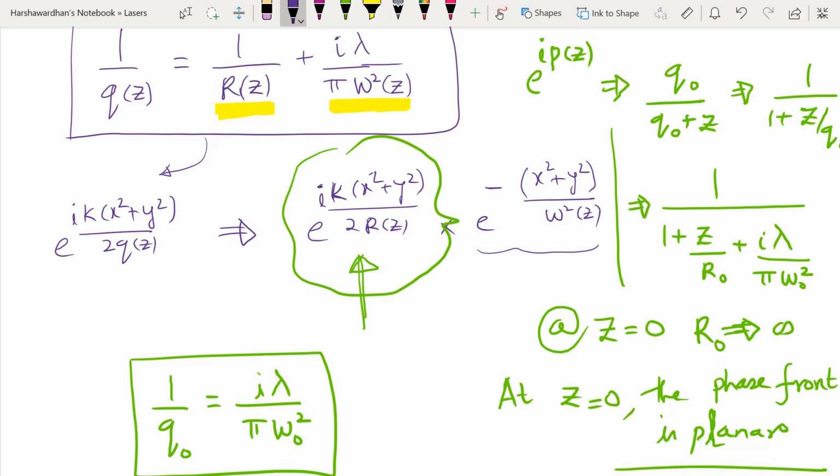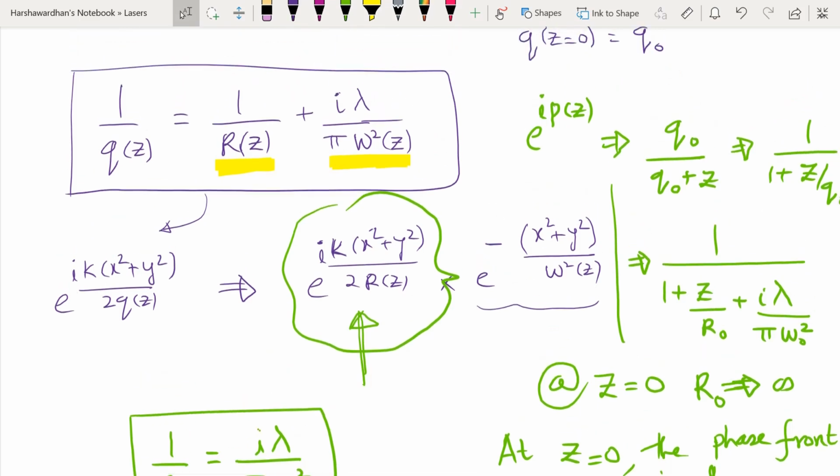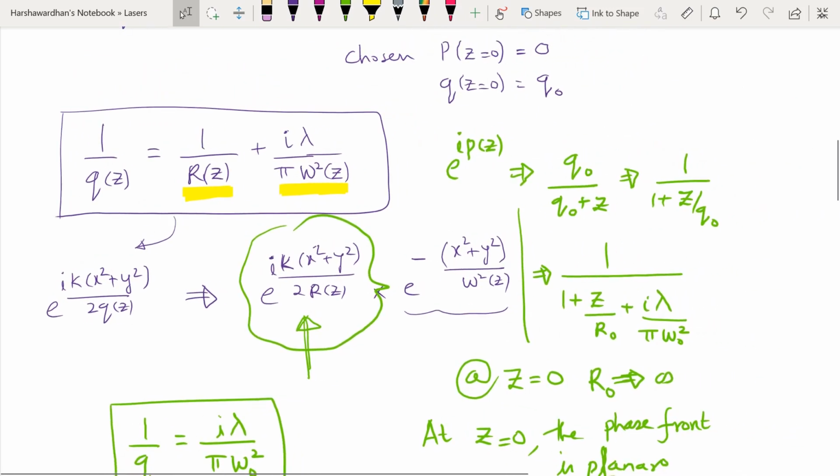The real part will give me just the complex phase, whereas the imaginary part will give me precisely the Gaussian intensity. When I square it, there will be a factor of 2. That will precisely be the Gaussian intensity that we get, right? So I am ensuring that this is how the field will look.